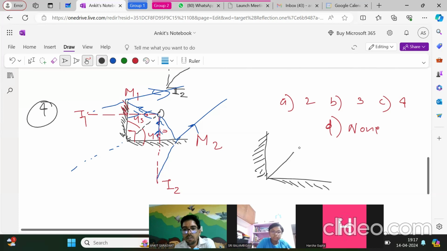This is the object. From this object, one light ray will strike like this. When you move it back, here also one more image will be formed.